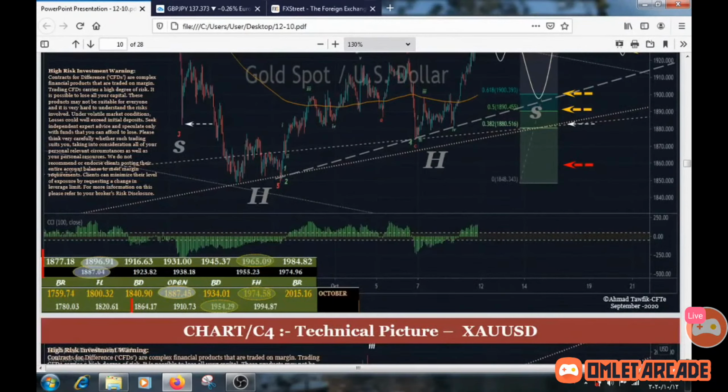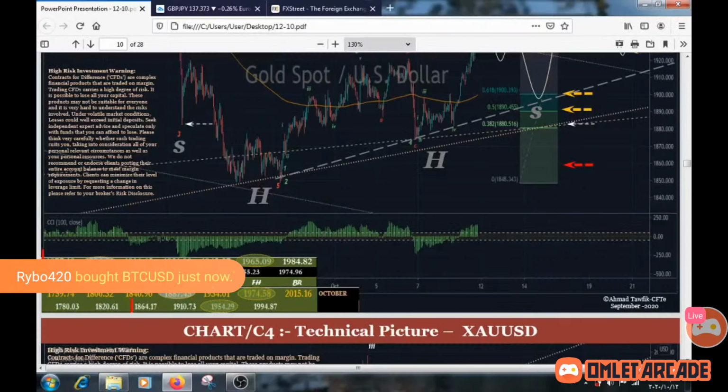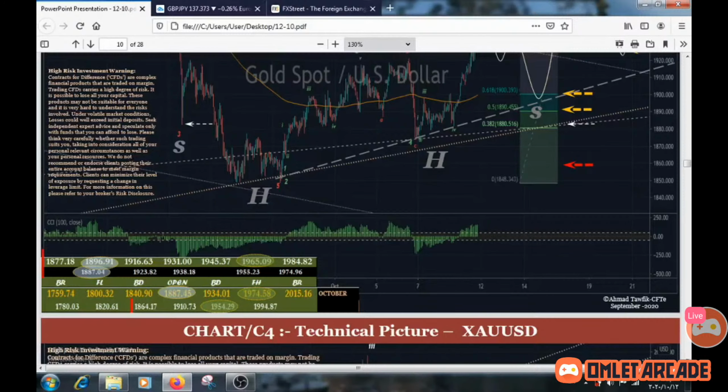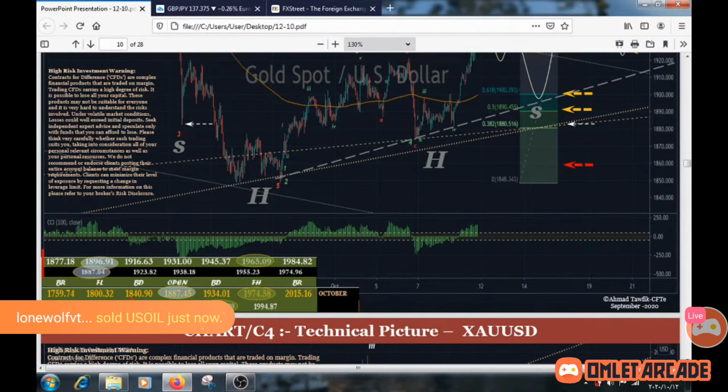You have here 1,887. Alright, this is the breakout low for this week, 1,877. So our stop at 1,860 is below the breakout low for the week. Should be safe, but gold, of course, is a very volatile issue.